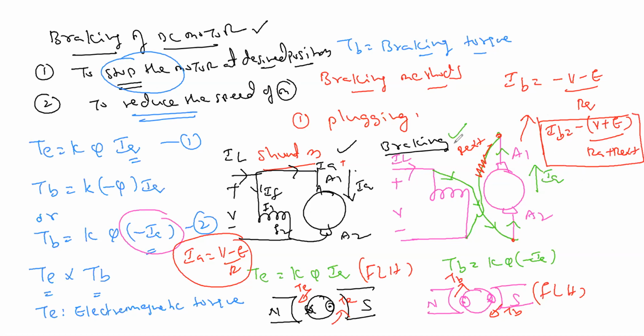To control the high braking current in plugging, external resistance is added, in which heat is generated.